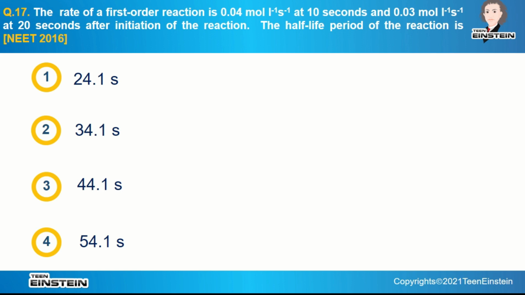So the rate law expression for the first order reaction is rate equal to K, that is the rate constant, times [A]. So we substitute all the values in the above expression.